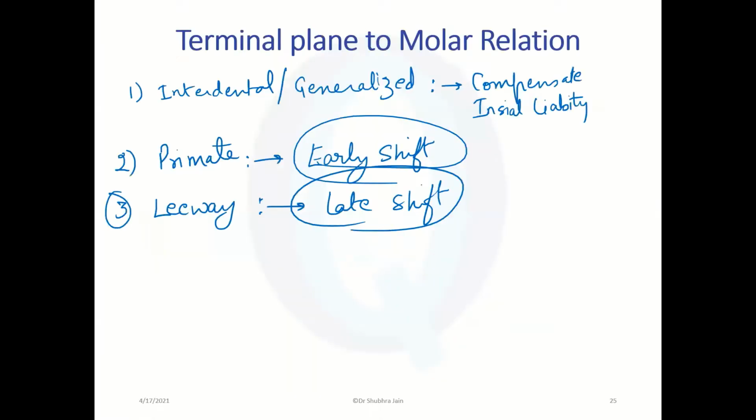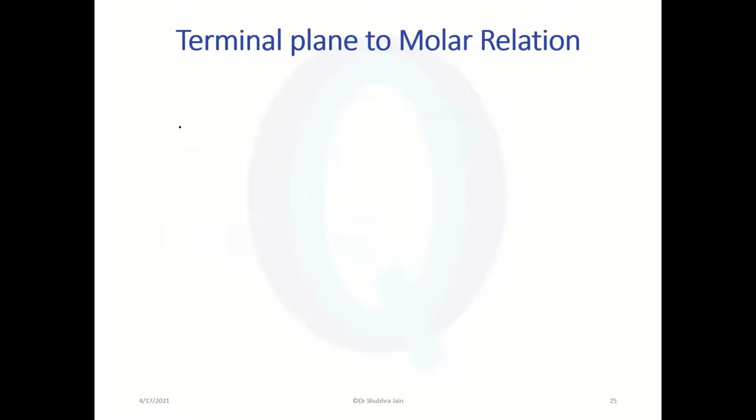Now, we have discussed three kinds of relationships, right? Let's take the distal step relationship first. Now you can hop on the distal side. So this is a distal step relationship.